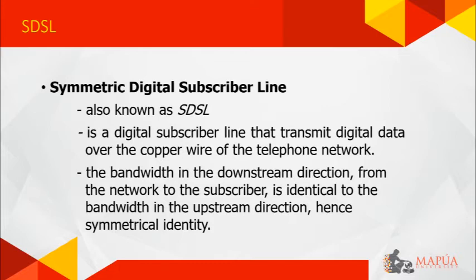This symmetric bandwidth can be considered the opposite of the asymmetric bandwidth offered by ADSL technologies, where the upstream bandwidth is lower than the downstream bandwidth. SDSL is generally marketed at business customers, while ADSL is marketed at private as well as business customers.